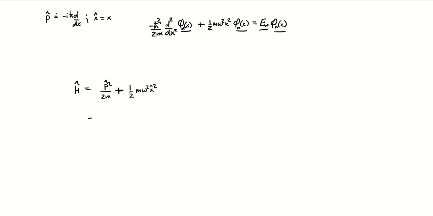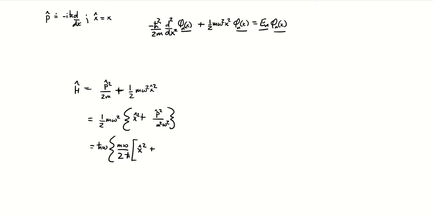An easy first thing to do is factor out that 1/2 m omega squared, putting the x term on the right: x hat squared plus p hat squared over m squared omega squared. Sorry, that 2 has been factored out, my bad. And we can take this one step further, pulling an h bar omega off the front, which gives us m omega over 2 h bar, and then x hat squared plus p hat squared over m squared omega squared. So this is just rearranging our Hamiltonian.